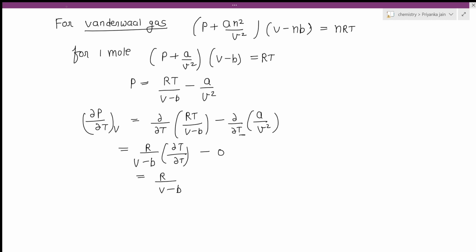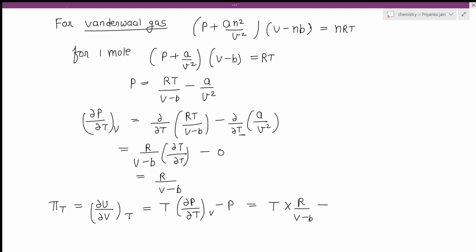Okay, so just put this value. What is our internal pressure? πT is equal to ∂U/∂V at constant temperature, and this value is equal to T ∂P/∂T at constant V minus P. Just put here the values. So T into R/(V minus b), and put here the value of P. What is the value of P?